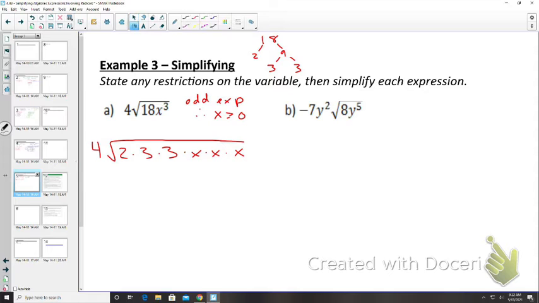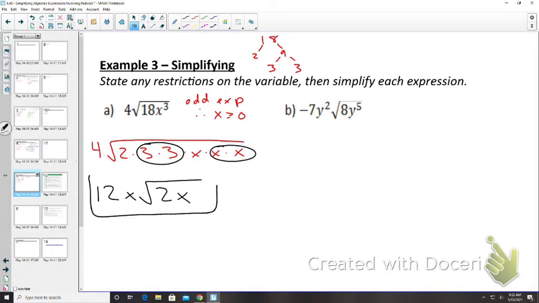I see we have 2 3s and 2 x's, so we can bring those outside. So 4 times 3 is 12, multiplied by x is 12x. And what's left behind is 2x. Okay, and our restrictions, x must be greater than or equal to 0.